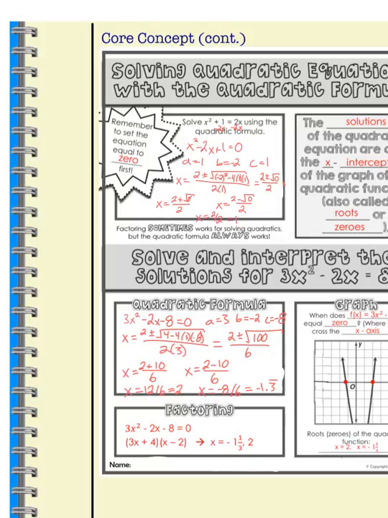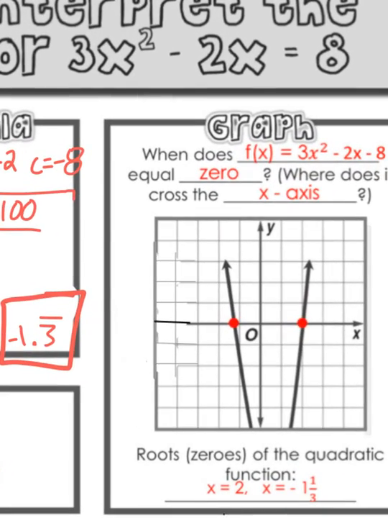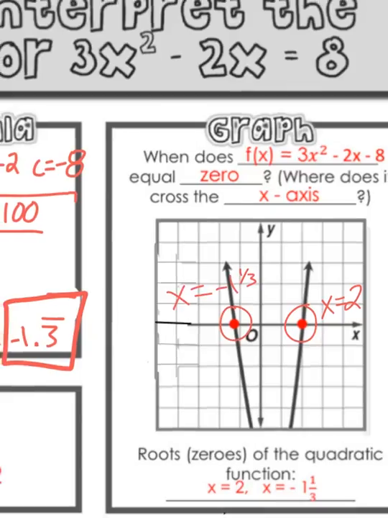So we have two solutions here. We have both x equals 2 and x equals negative 1 1/3. If we look at the graph, we can tell that this matches up because here is our x equals 2, and here is our x equals negative 1 1/3.